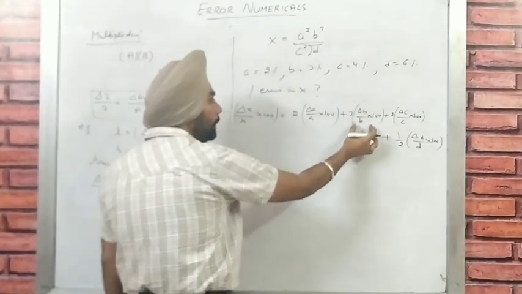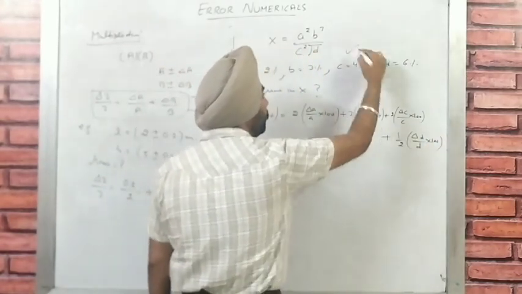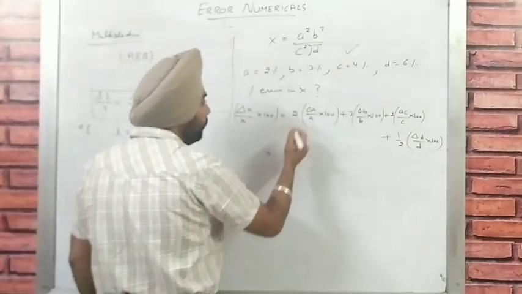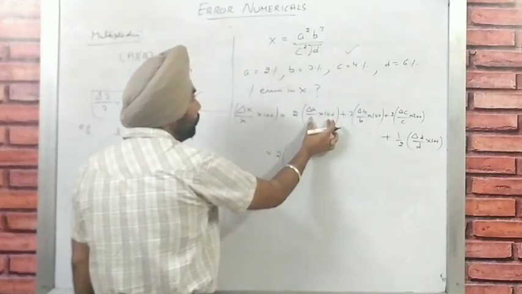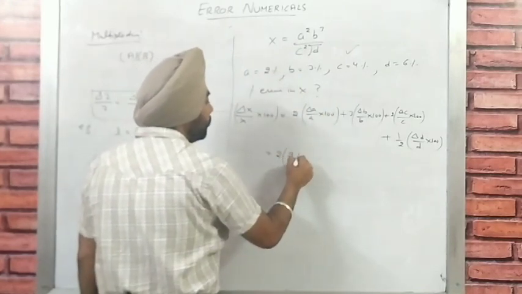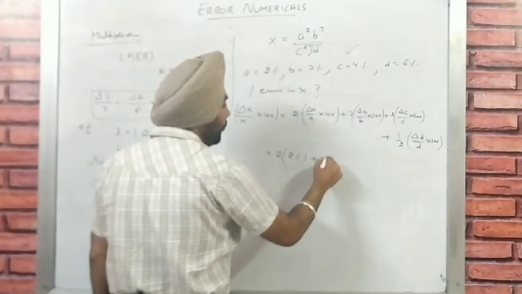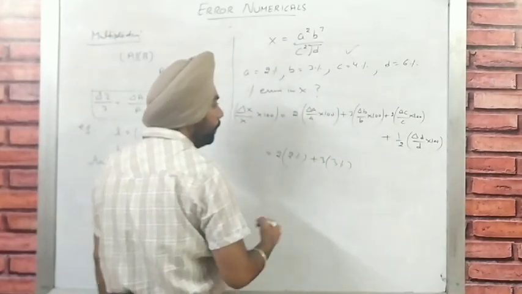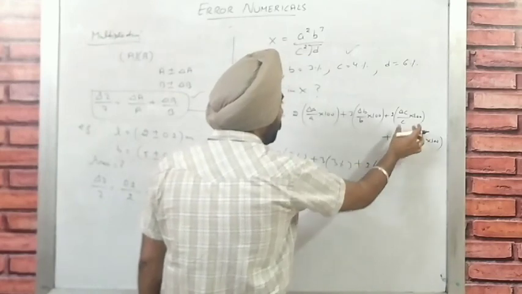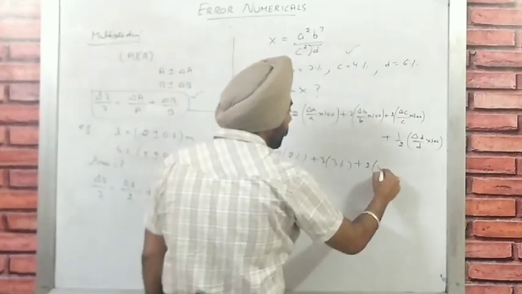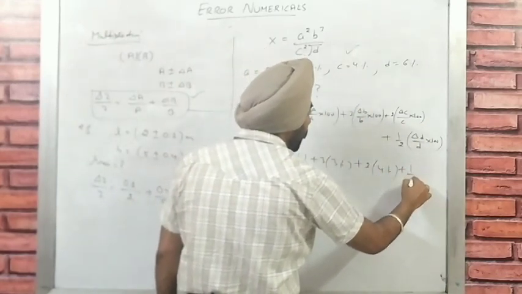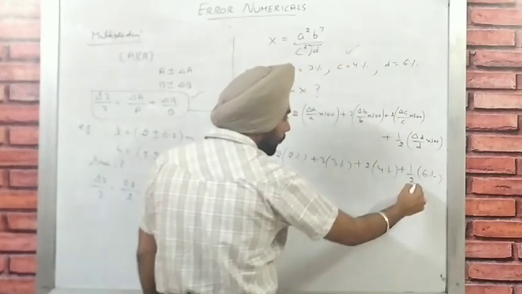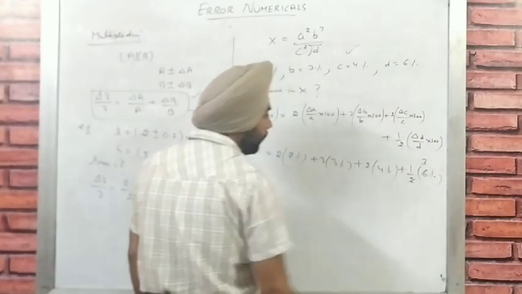Now these percentage errors are given to you. So now just putting those values here, you will have the answer. Which means 2, that value is given to you as 2%. Now 3, that value is given to you as 3%. Now here 2, that value is given to you as 4%. Now that is half, and value of d is given to you as 6%. Now that is divided by 3.